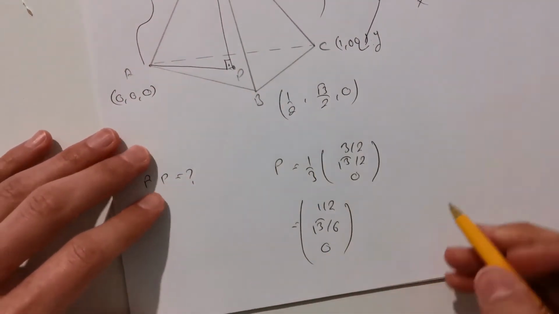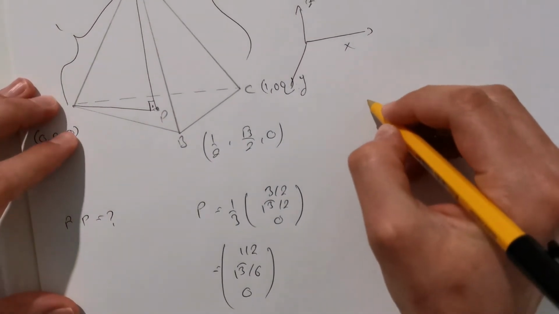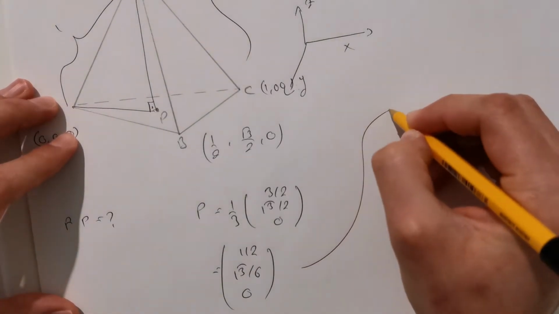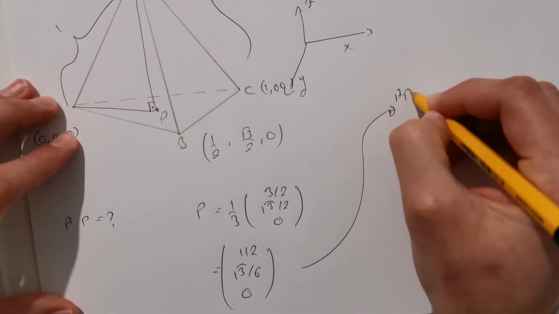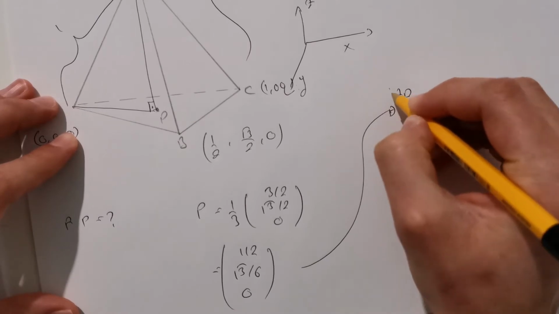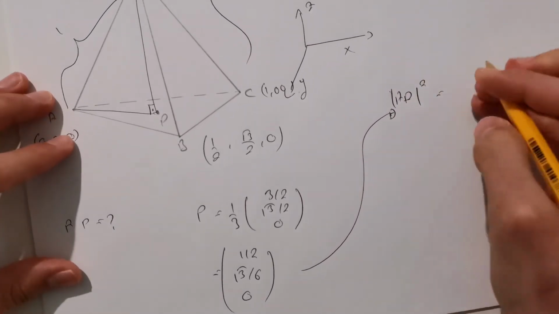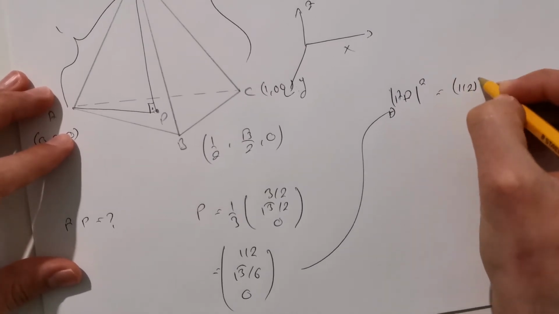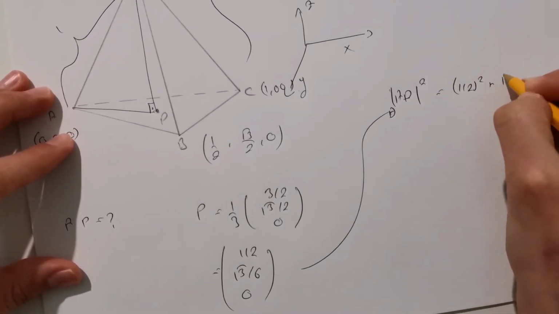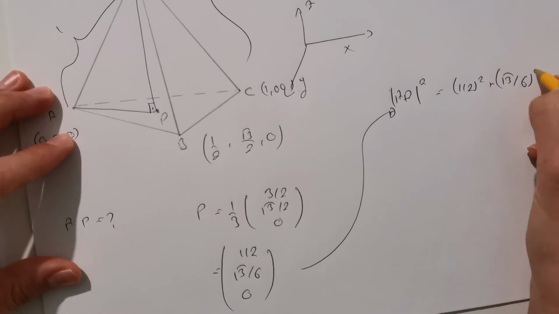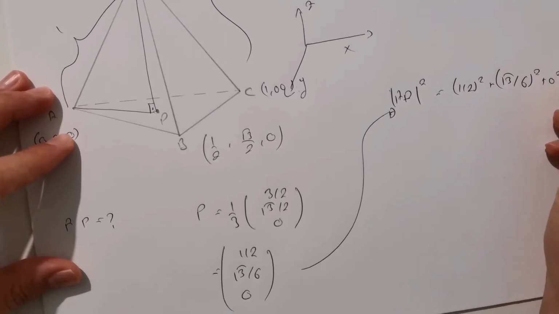The length of AP squared is given by (1/2) squared plus (root 3 over 6) squared plus 0 squared.